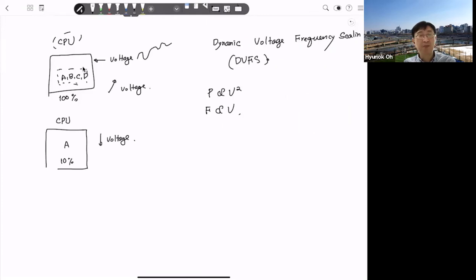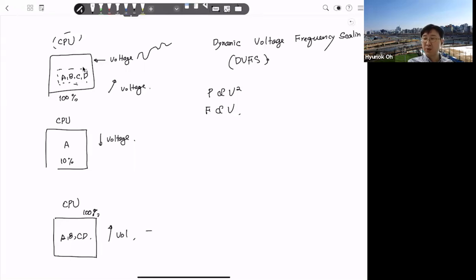Also, in many cases, if you are running an application, for instance on the CPU, and it is using 100% or 90%, then many processors are running, and that means it is increasing the voltage, and then the temperature is going up. Sometimes the temperature is more than 100 Celsius.